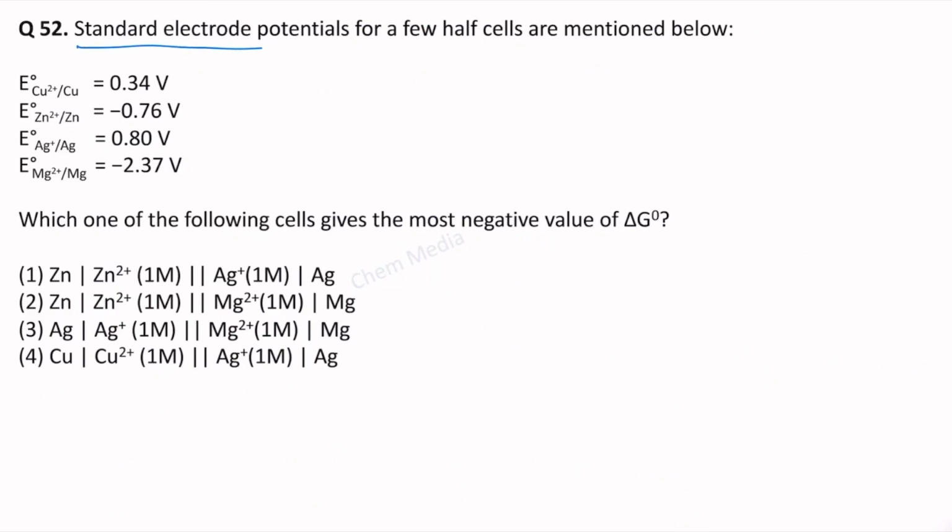The standard electrode potentials for a few half cells are mentioned below. Which one of the following cells gives the most negative value for delta G naught?